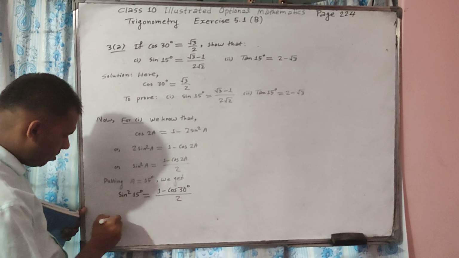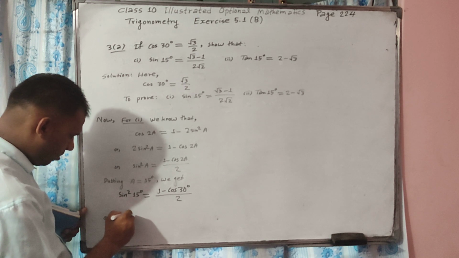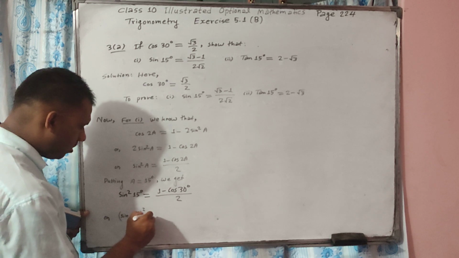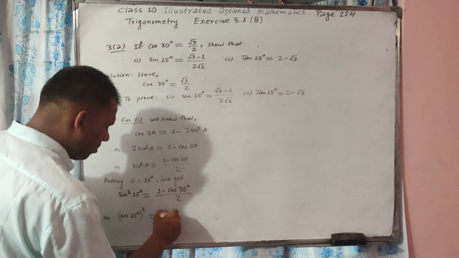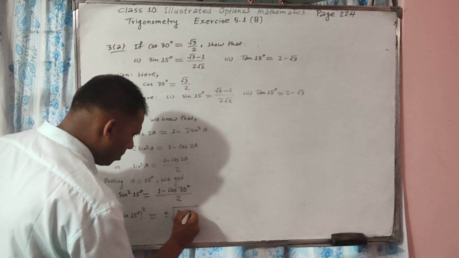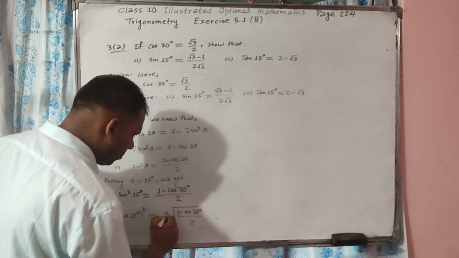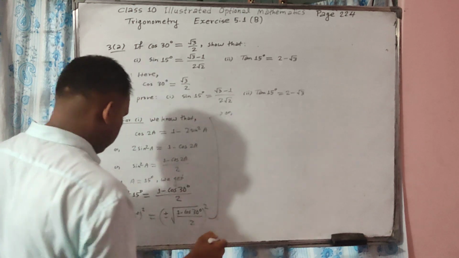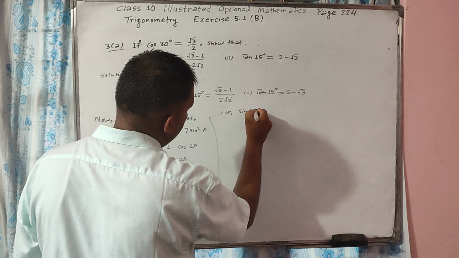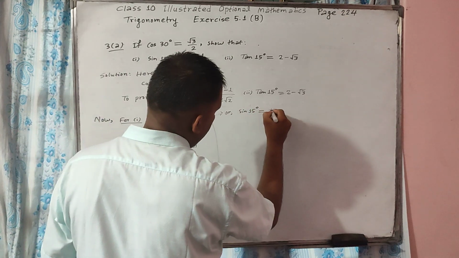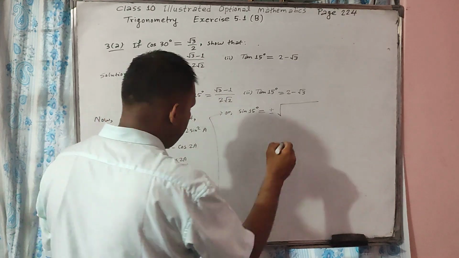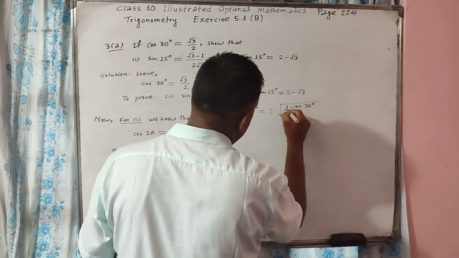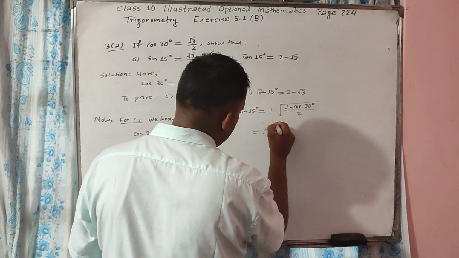Or sin 15 degree whole square equals plus minus the square root of 1 minus cos 30 degree all upon 2, or sin 15 degree equals plus minus square root of 1 minus cos 30 degree all upon 2.